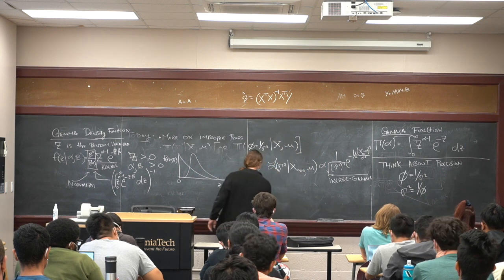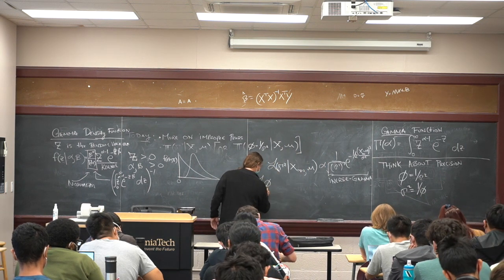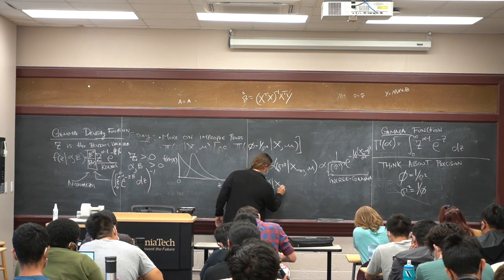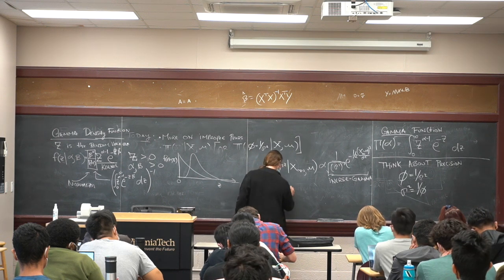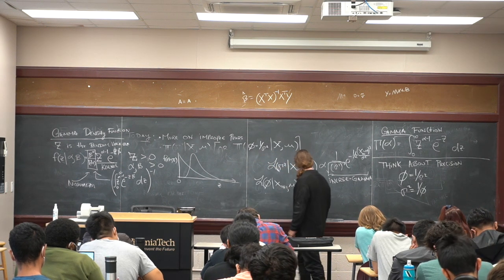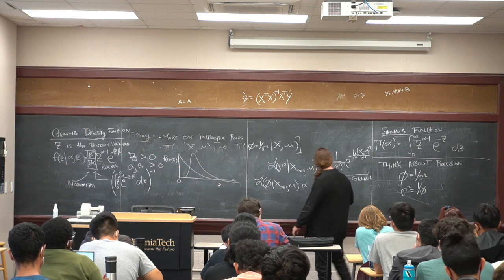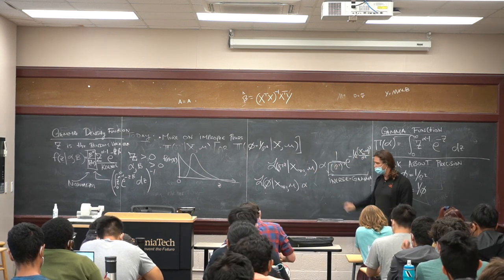So the likelihood for phi, given x obs, is going to look like this. I'll just take 1 over phi and plug it in here.